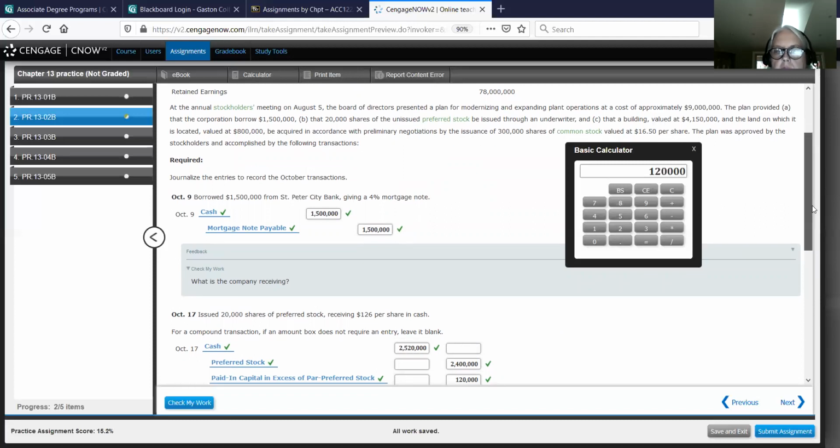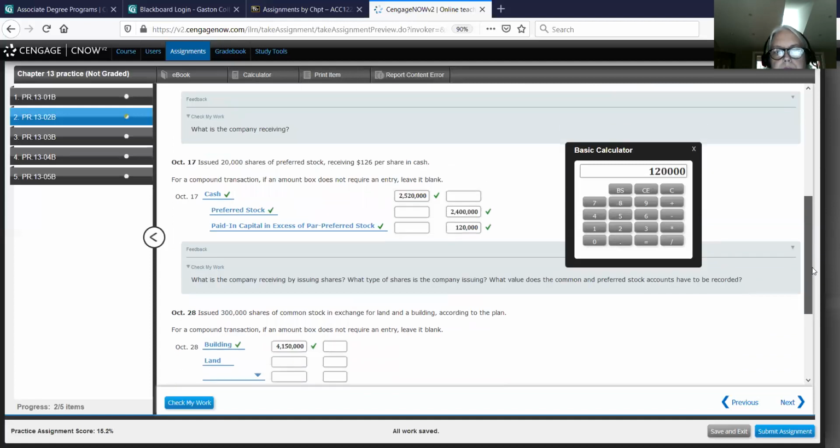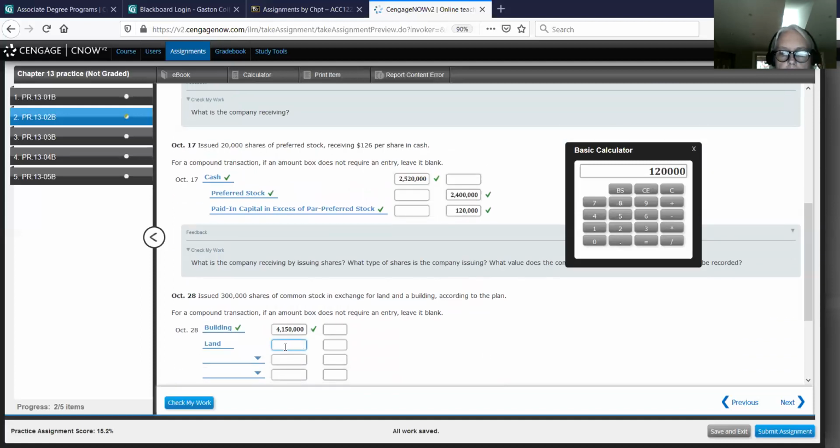That was given in your instructions. So land, which is an asset, is going to be debited for $800,000, because the land is increasing.